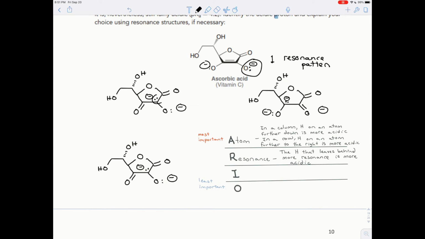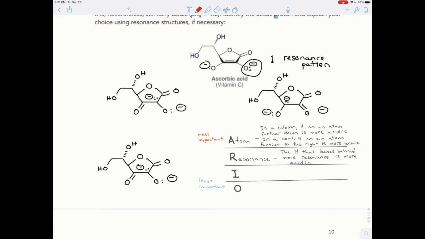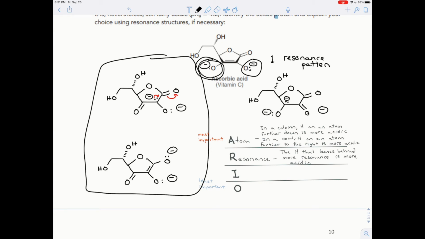This lone pair is now allylic to this double bond. And so you can get yet another resonance structure where the lone pair goes toward the double bond and the double bond goes away from the lone pair. And so you would end up with this structure. In other words, this lone pair here is involved in 2 resonance patterns.